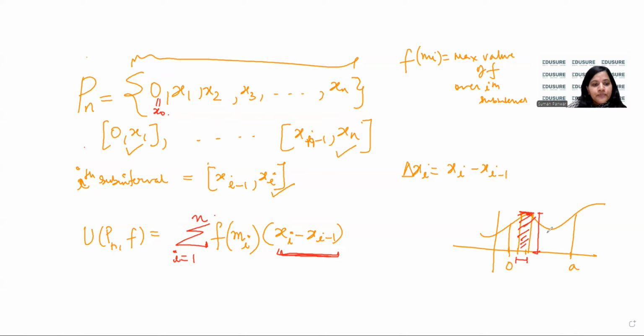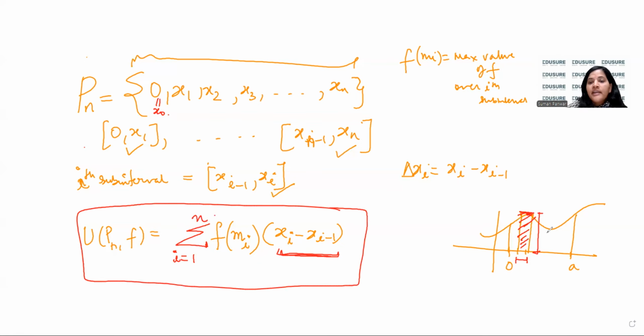This is the upper sum with respect to the partition Pn. Let us denote this by capital Mi because it is representing maximum. Similarly, the lower sum of this partition is going to be summation i going from 1 to n, f of small mi times xi minus xi minus 1.